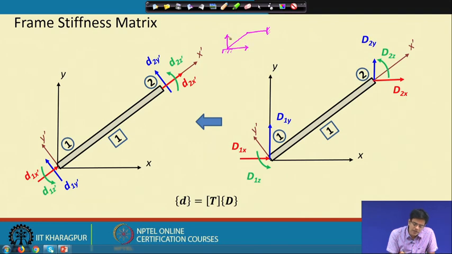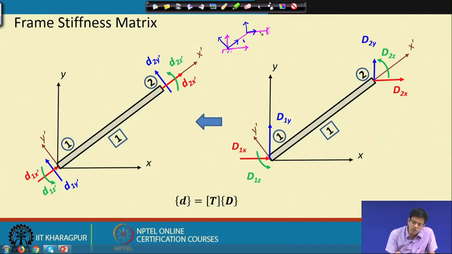The local axis for individual members I can draw like this. This is my first member, this is my second member, and the local axis is this. So, this is my local axis for the frame.